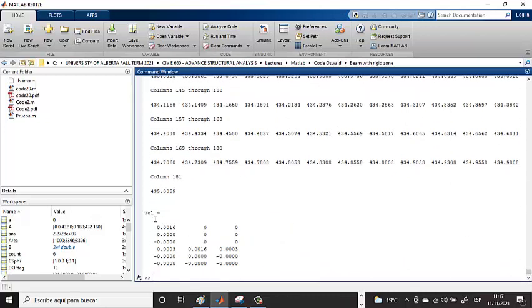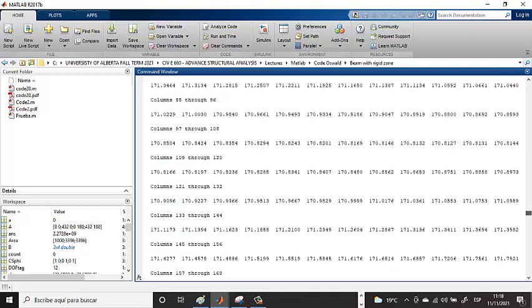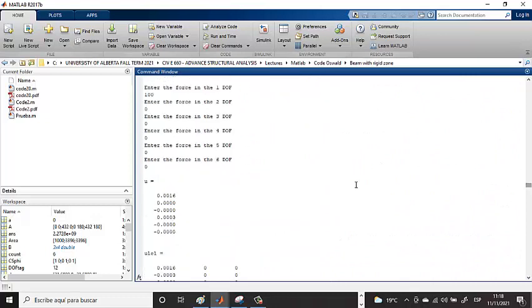So, for example, in this case, let me see first. This is the displacement and rotation for the global structure.